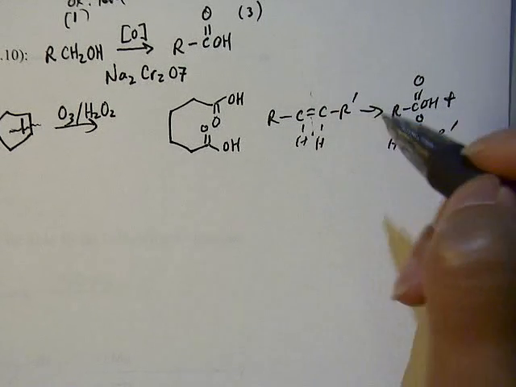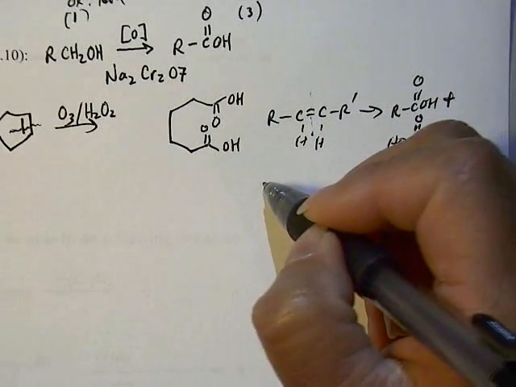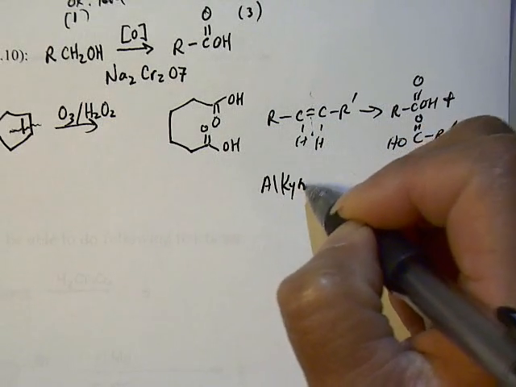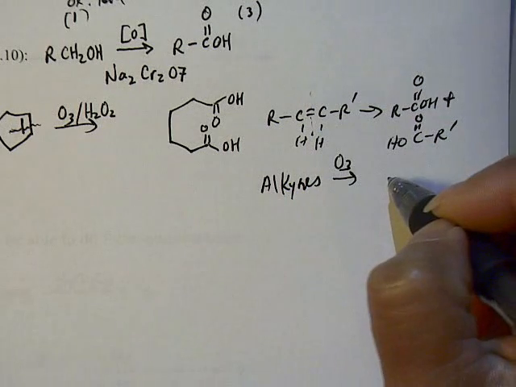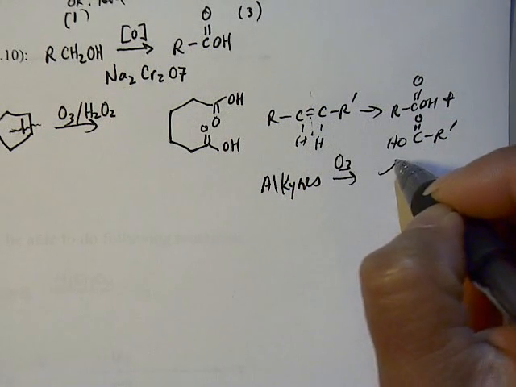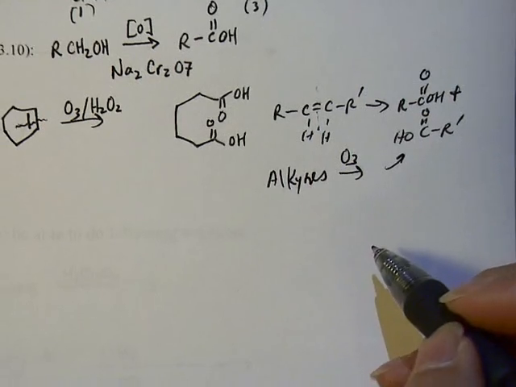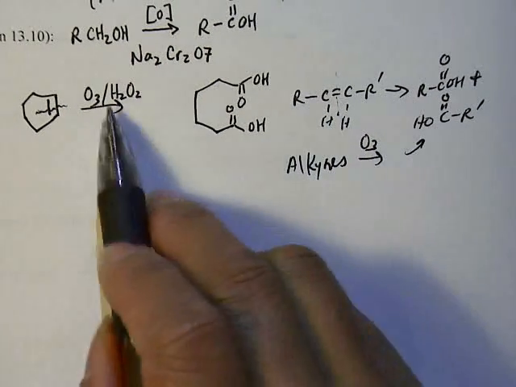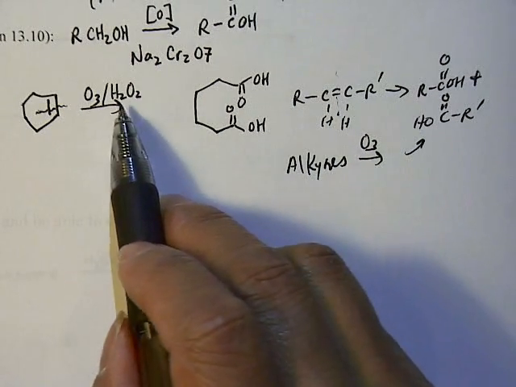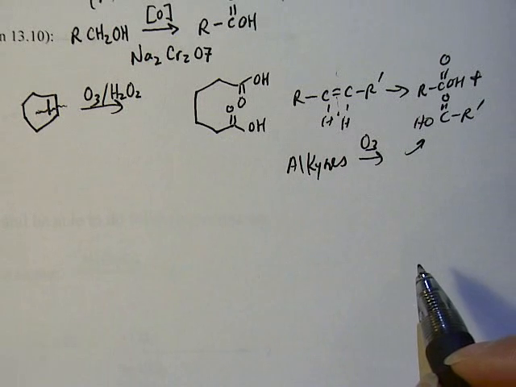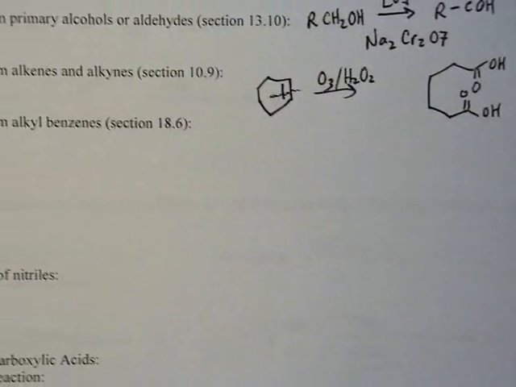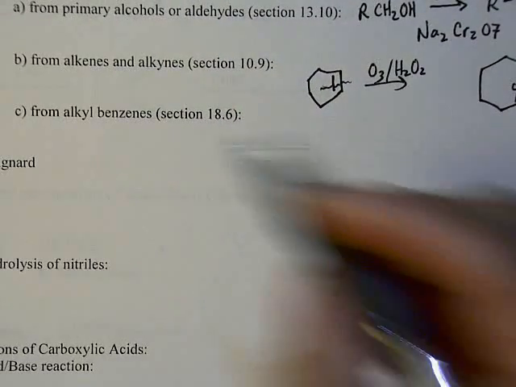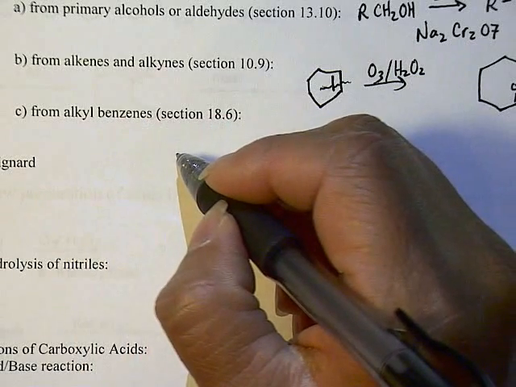And you could do the same thing with alkynes. With alkynes, you do the same cleavage chemistry, and you get the two acids like in alkenes. And in alkynes, you don't need another oxidative reagent to get to the carboxylic acid level. All right, and then the last review of oxidation reactions is an alkyl benzene.